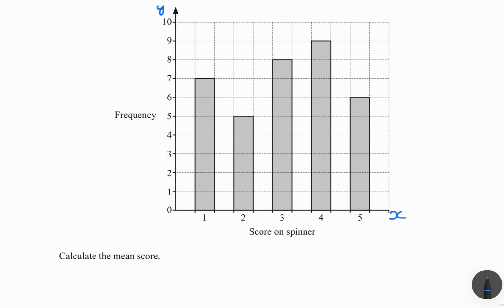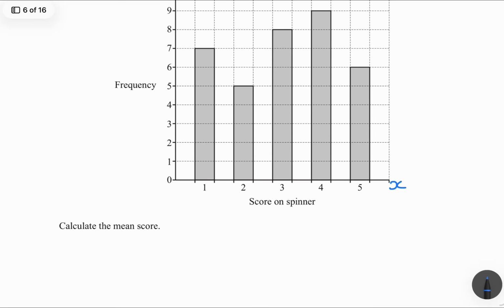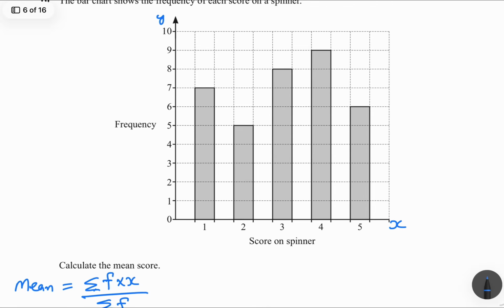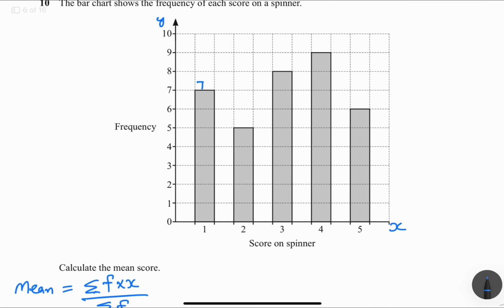For the mean score we will use the formula: mean is sigma f times x over sigma f. This is the summation of frequencies times x. So let's see the heights of these bars: this is 7, this is 5, this is 8, 9, and we have 6 over here.